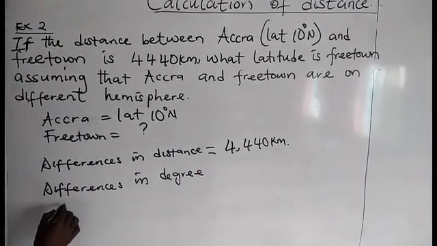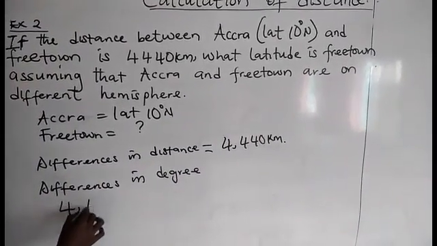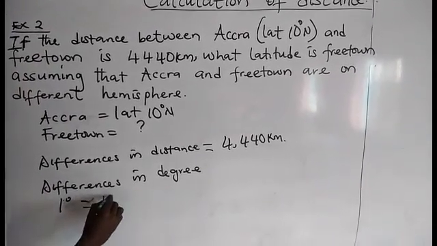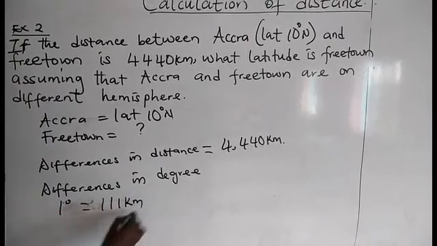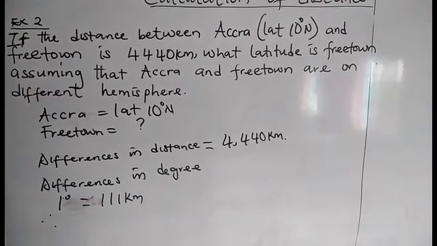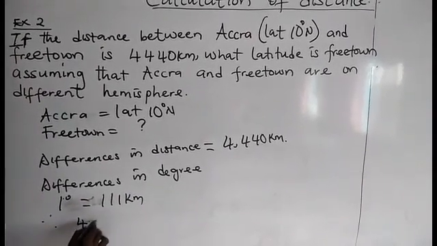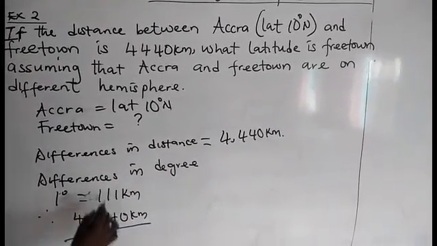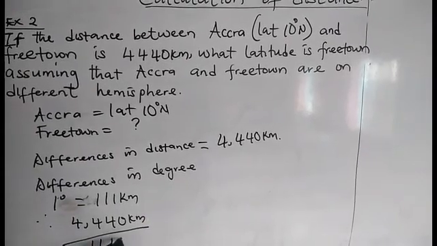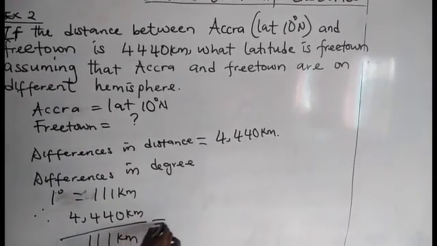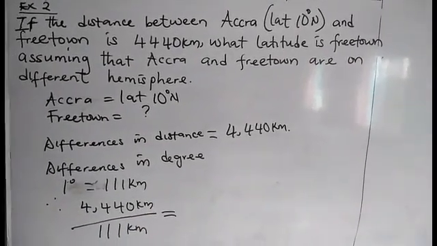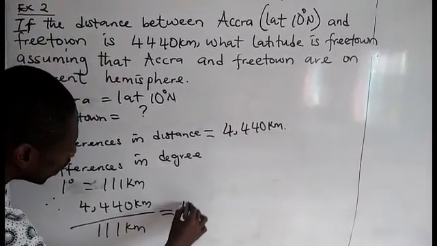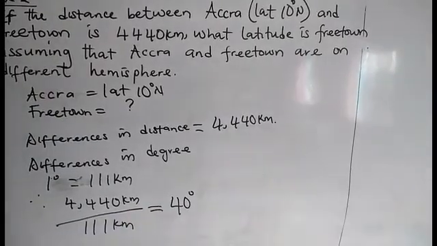Differences in degree will be our distance 4,440 kilometers divided by 111 kilometers, since 1 degree equals 111 kilometers. When we divide this properly and carefully, we arrive at 40 degrees.